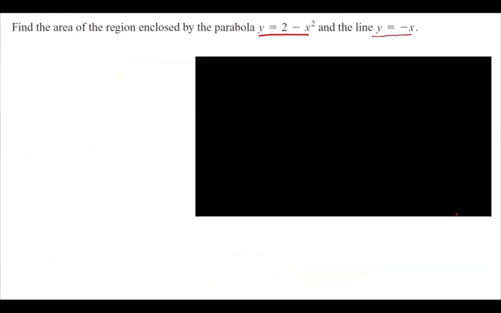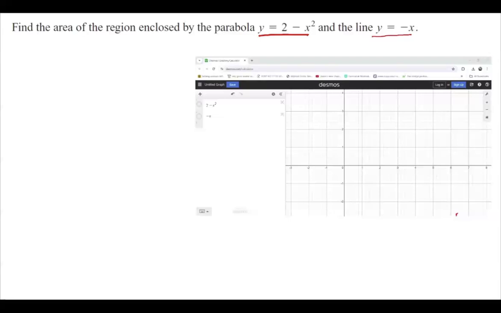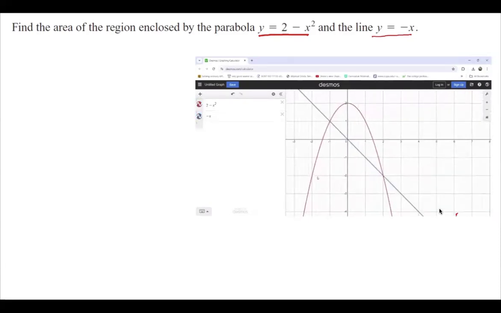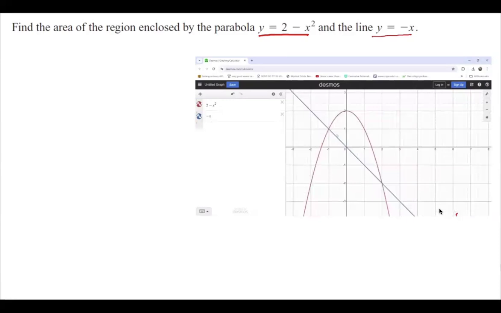If I try to graph 2 minus x squared, this is basically a parabola which opens downward. The leading coefficient is negative, so this is your 2 minus x squared, and the decreasing line, negative x. We want to know what is the area between these two graphs, right?